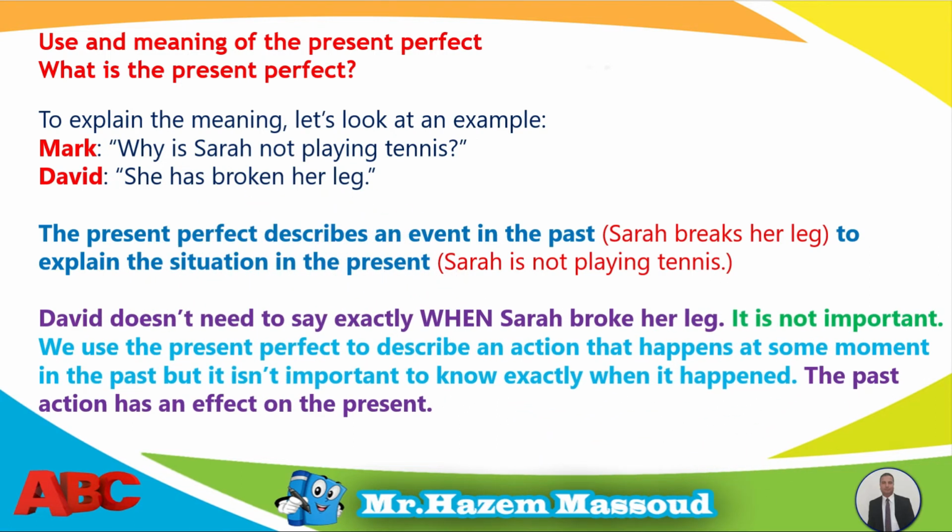David doesn't need to say exactly when Sarah broke her leg. It's not important. So in the present perfect, it's not important to indicate the time in the past. We use the present perfect to describe an action that happens at some moment in the past, but it's not important to know exactly when it happened.